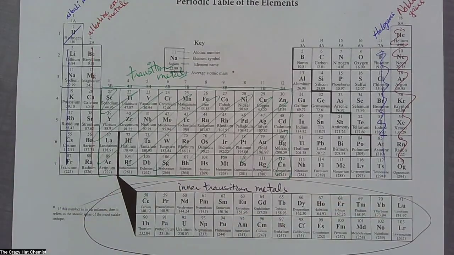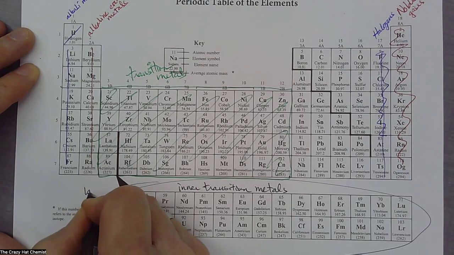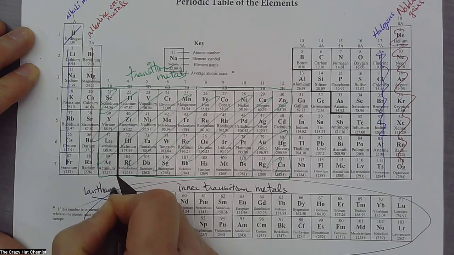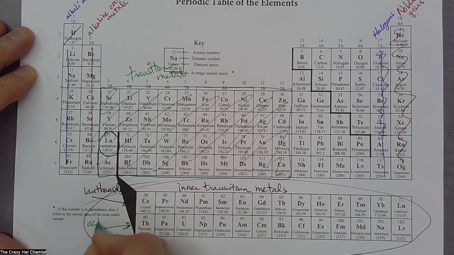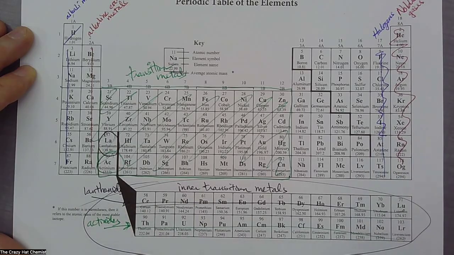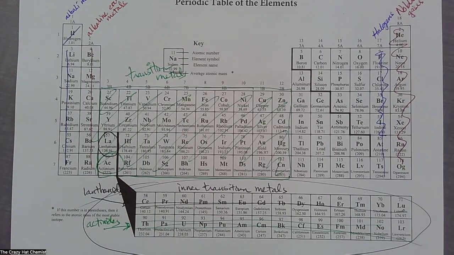That's right there. Then we have the lanthanides. That is this group, right next to that. And then we have the actinides. And that's this group right here. So lanthanides, actinides. And then one last grouping, and those are the representative elements.